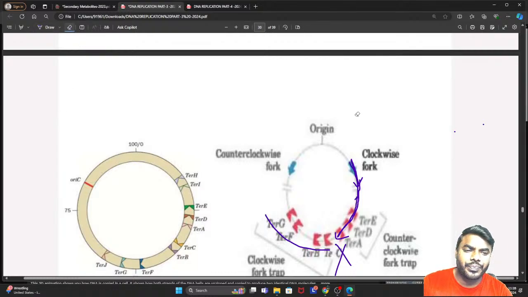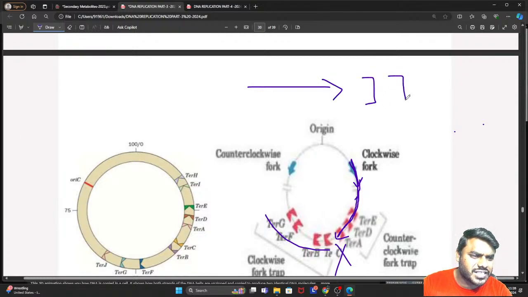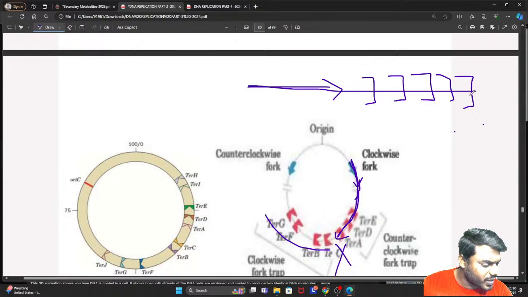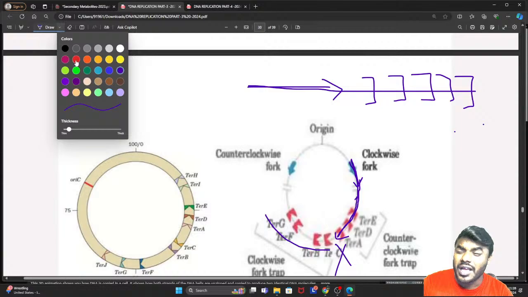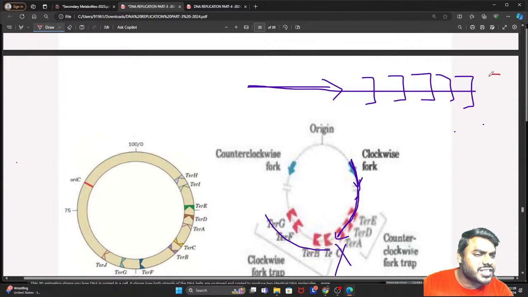I'll explain a little bit more elaborately. Suppose, friends, this is how the fork is moving, and the termination sites are like this. So it can easily cross all the termination sites because they are also in the same direction. But later, if the termination sites are located like this, then obviously it will block there.